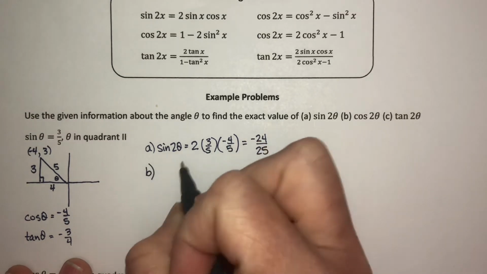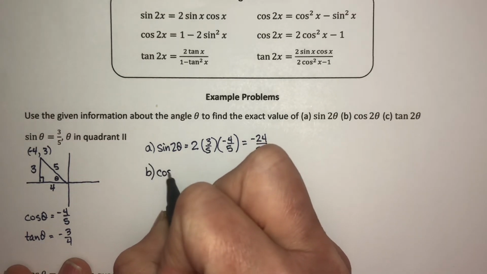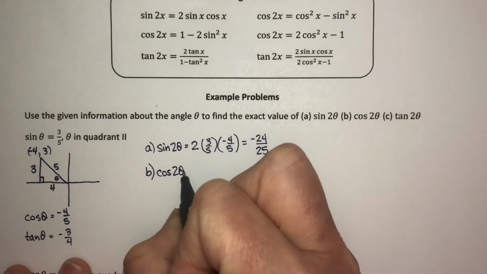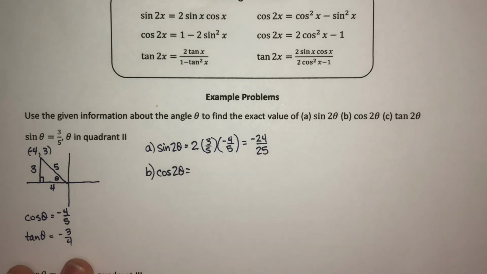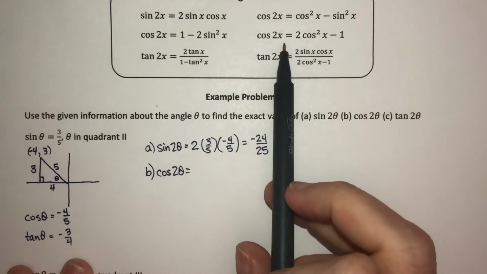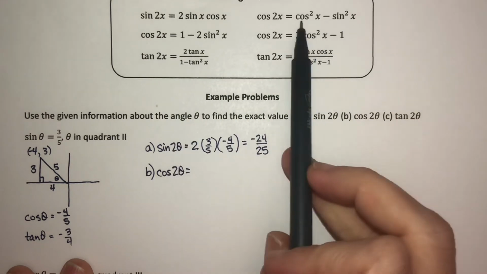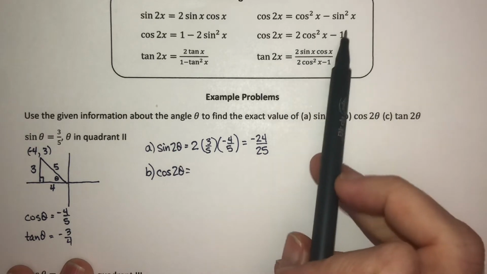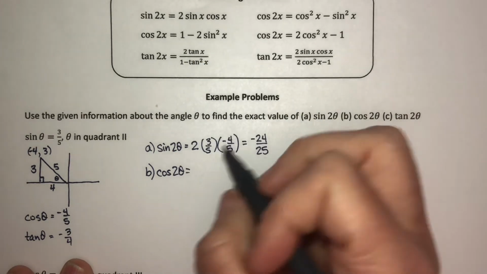For B, I need to find cosine of 2 theta. And I can use any of these at all. I tend to remember this one best. That's the one I tend to go to, but any of them will work.